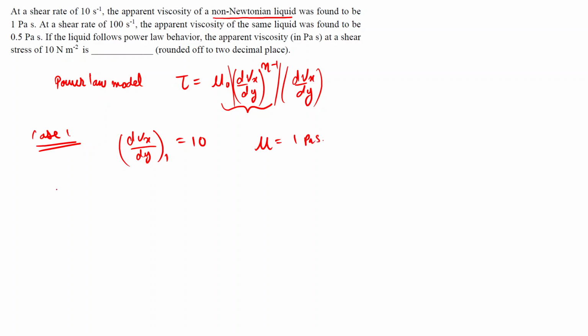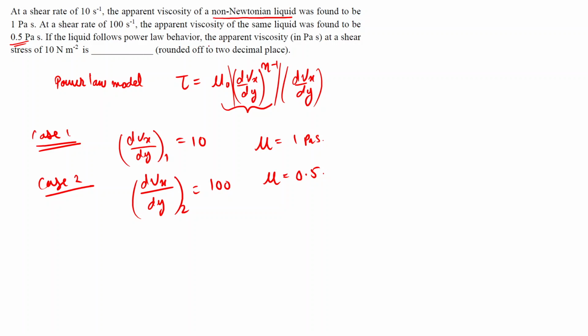Now for the second case, dvx upon dy is equal to 100, and the viscosity of the same fluid was 0.5, that is mu is equal to 0.5.